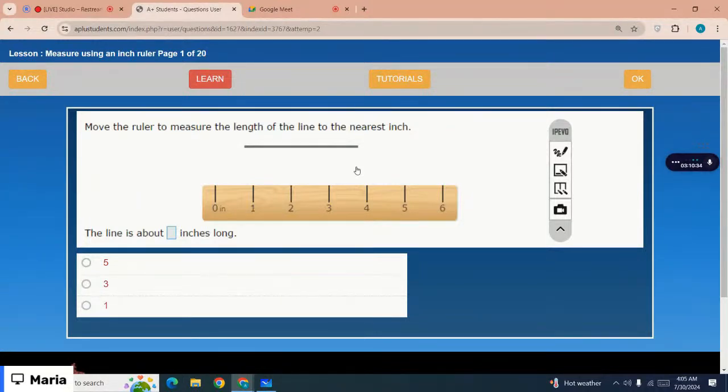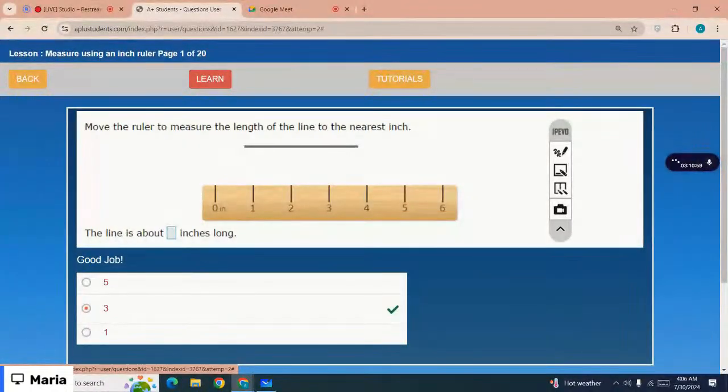So you have to line up the left end of the ruler with the line. You need to measure the line. Yes, that is about 3 inches at the right end. So the correct option is 3 inches. Option number 2 is the correct option.